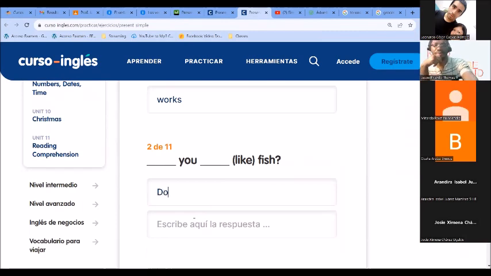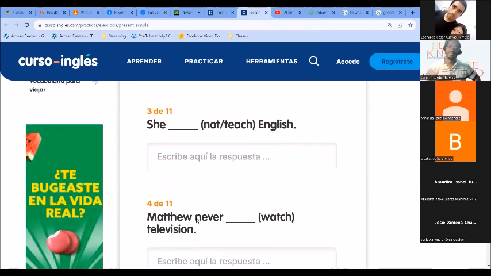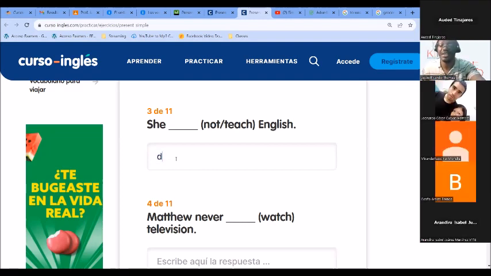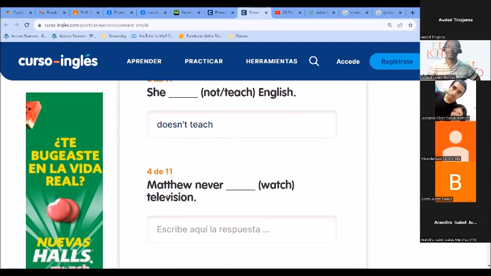I do. Jimena. She not teach in English. She doesn't teach. We use the helping verb doesn't first. She doesn't teach English. Good. All right.